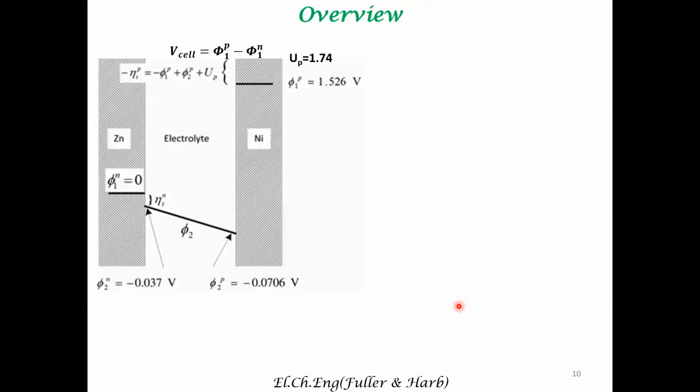All right. So what have we attempted to do here? This is a summary slide which gives the overall potential map.